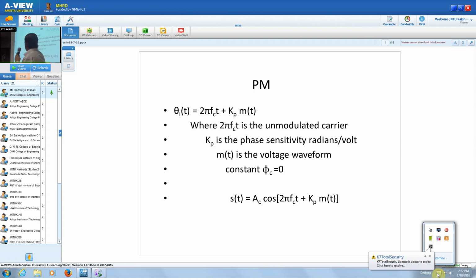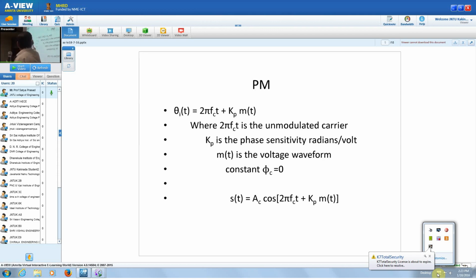That's what we are having, where Kp we are calling the phase sensitivity. Kp is the phase sensitivity with the units radians per volt. The Kp, the phase sensitivity, we are saying that phase angle we are measuring in radians, right? So sensitivity we are saying as radians per volt.